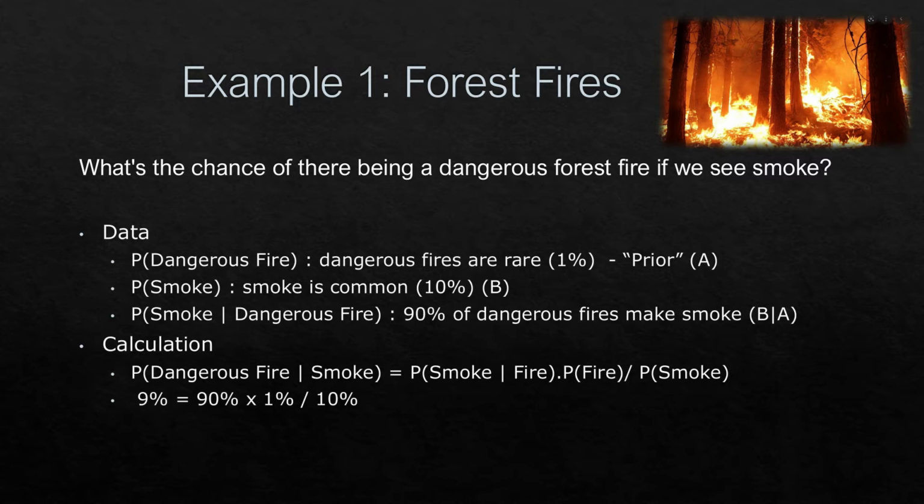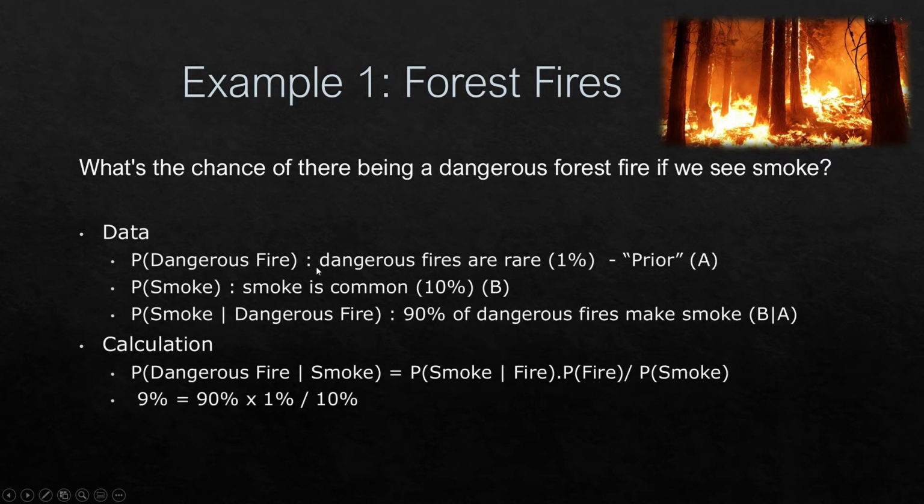And you may have to do budgetary things, like if there's a certain level of chance that there's going to be a forest fire, maybe you then budget to send up a spotter plane to see if there's really a forest fire there. So the data that goes into the Bayes algorithm is shown here. First is what we call the prior, or P(A).